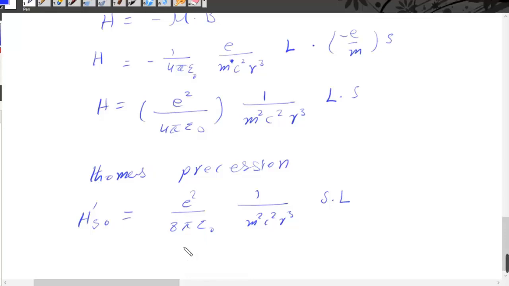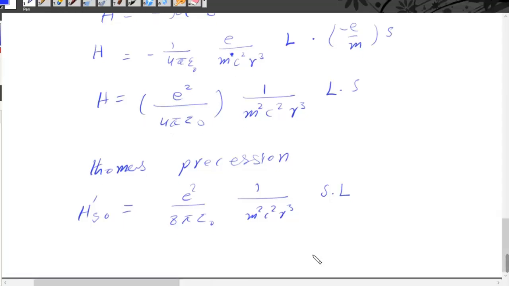The spin-orbit interaction does not commute with L and S. The spin-orbit Hamiltonian does not commute with L and also with S; the commutator is not equal to 0.